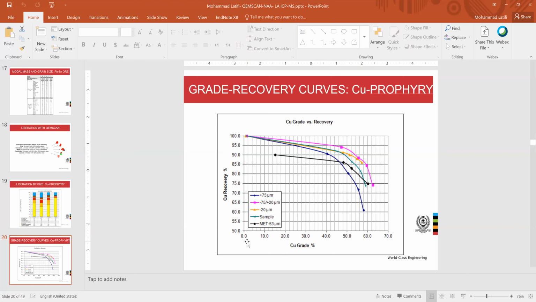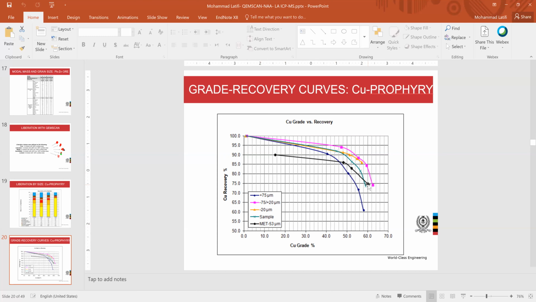So these data are obtained by ChemScan, and these theoretical data are compared with experimental data. You see that they are, even though in terms of size distribution they are not the same, because experimental data were for particles below 53 micron, different from these ones, but still, the trend is consistent.